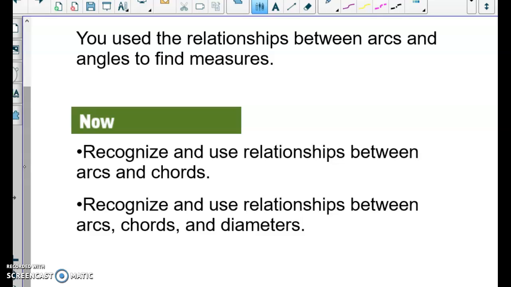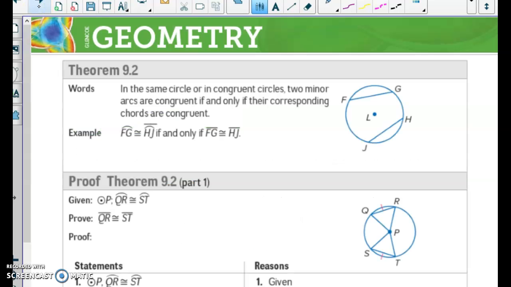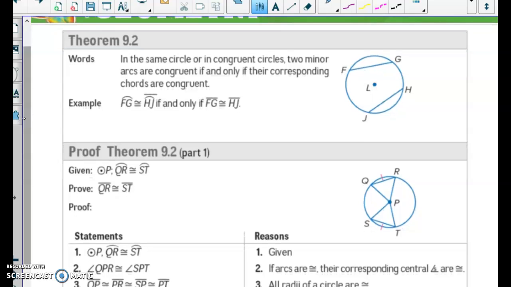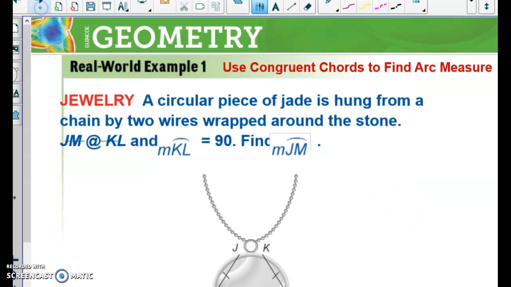We're going to talk about some arcs and chords relations, and we're going to throw in some diameters. Okay, so if you need to pause to write this down, you certainly may. It basically says that if a chord is equal to another chord, then the arc is equal to the arc.